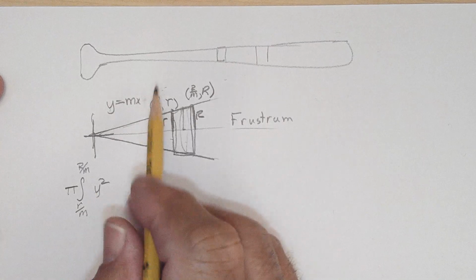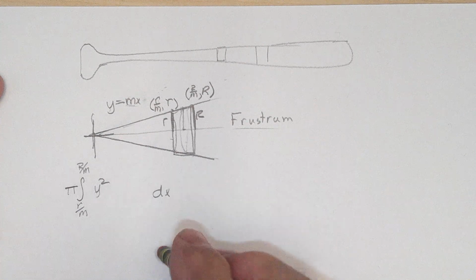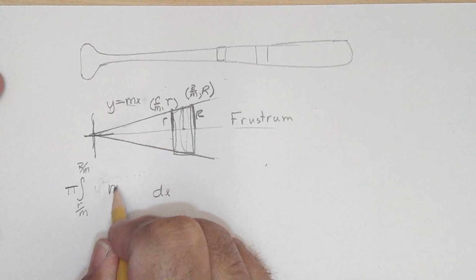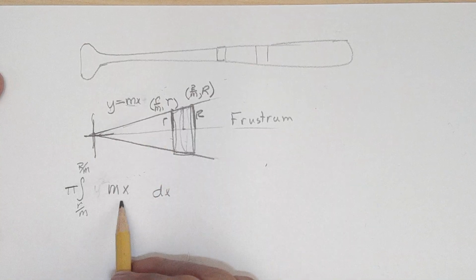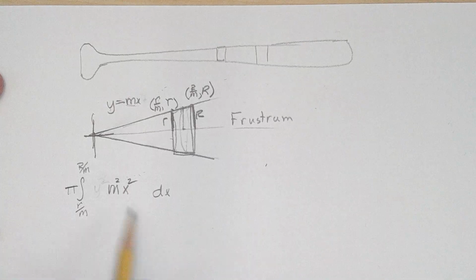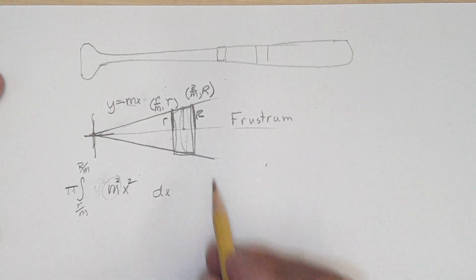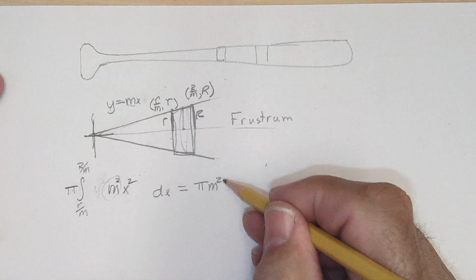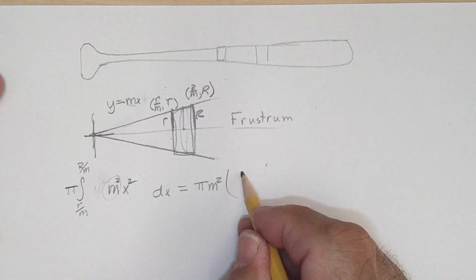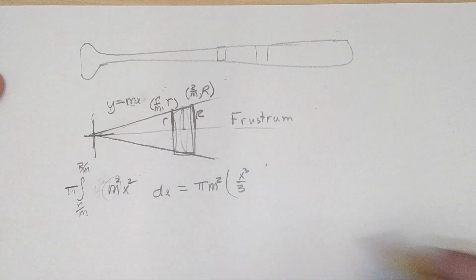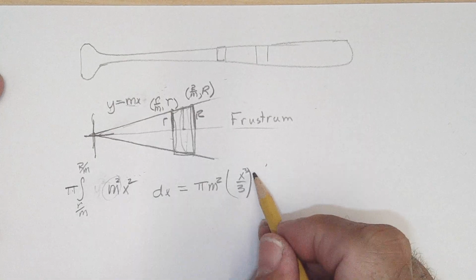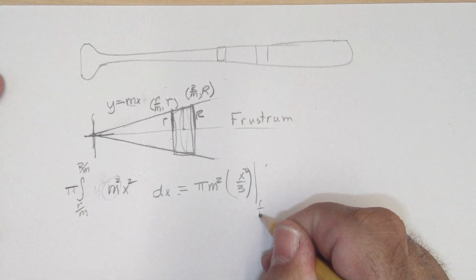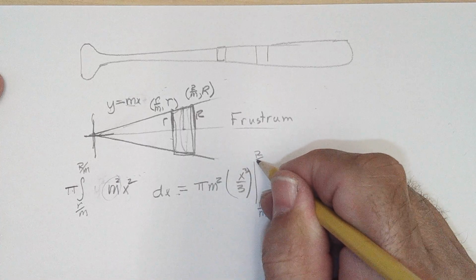But y is mx, so I'm going to change this right away to pi times mx quantity squared, so it's m squared x squared. M's the slope, so I can pull that out. So I get pi m squared times the integral of x squared, which is x to the third over 3, and I have to evaluate that between little r over m and big R over m.